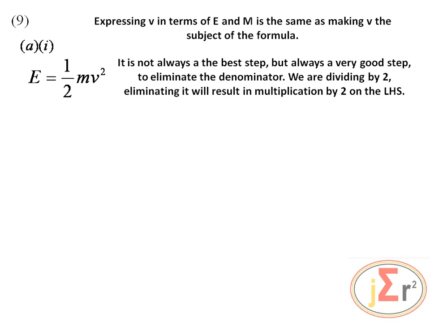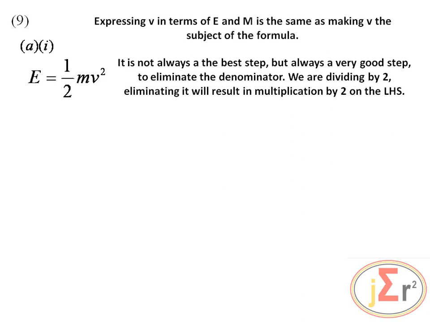We have a denominator of 2 right there. That means we need to multiply the entire expression by 2. That will eliminate the denominator of 2. As a matter of fact, a denominator is something that we divide by. Therefore, we will eliminate that denominator by multiplying by 2.